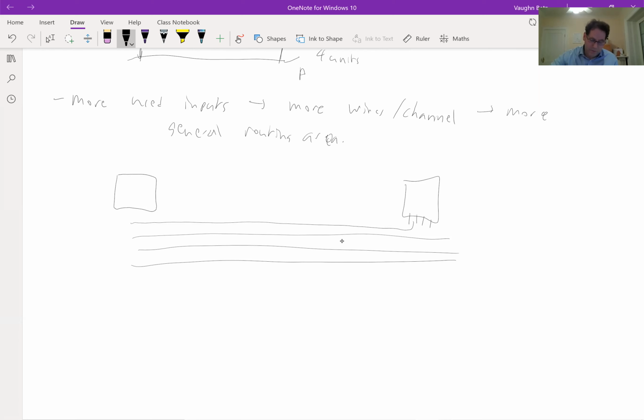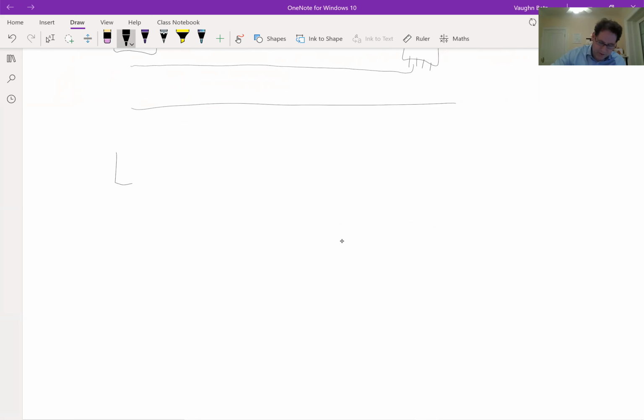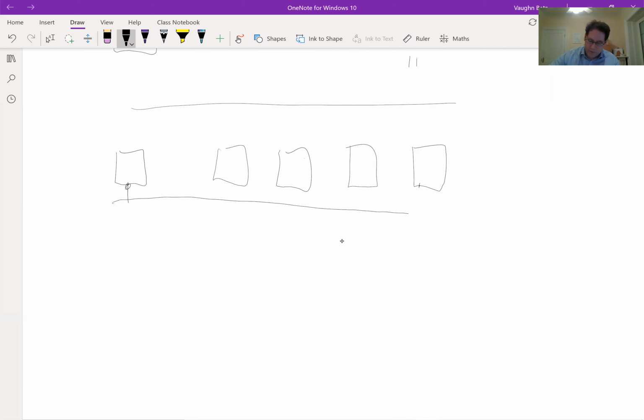And actually, this is probably not the best way to draw it. Let me draw this in a different way, because this is not going to look that regular. Whoops. Okay, I'm going to go down here and try again. I think I want to draw this in a slightly different way that'll be more realistic. So let's say I'm looking at this block and I'm seeing what happens for its inputs. This block drives its output to a block that is 4 units away.